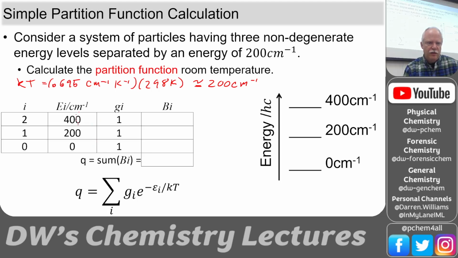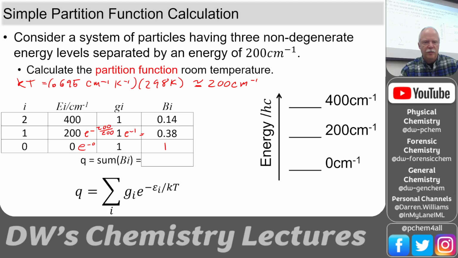So this one here is going to be, of course, e to the minus 0. So that's going to be 1. But then this one is going to be e to the minus 200 wave numbers over 200 wave numbers. So e to the minus 1, and that's going to be 0.38.